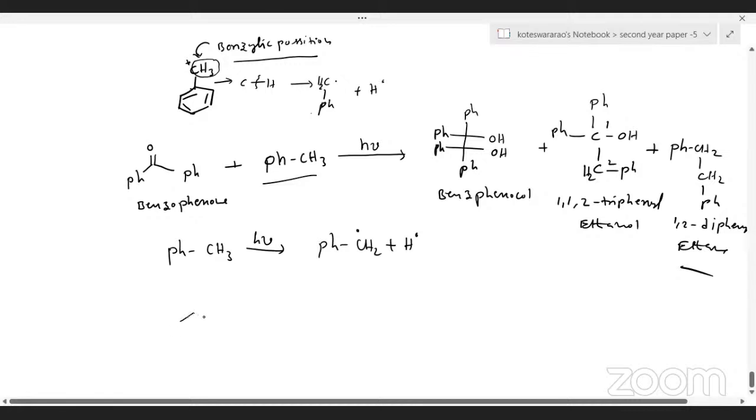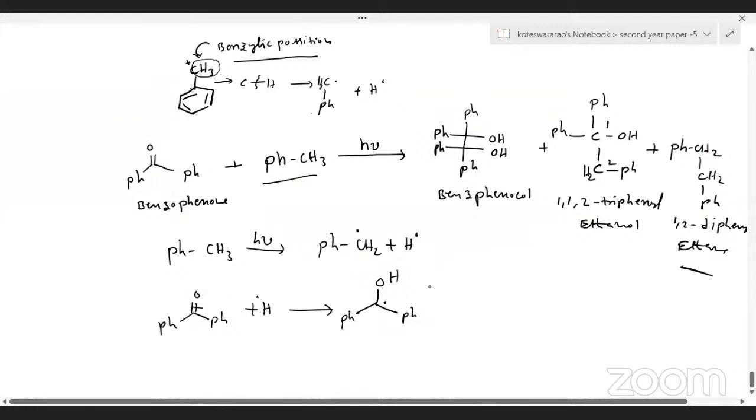Now this radical interacts with the benzophenone. The pi bond undergoes homolytic cleavage, so the OH is generated, and at the same time a diphenyl carbonyl carbon radical is generated.